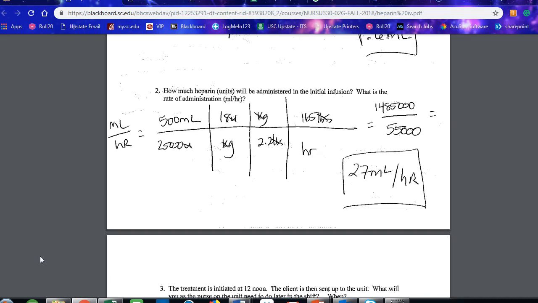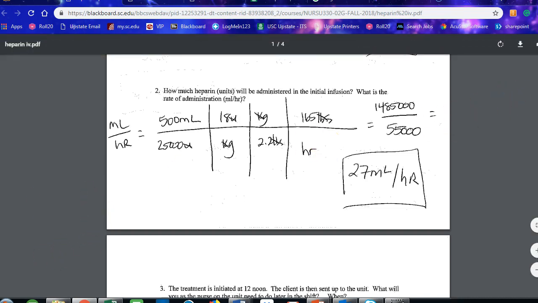We have 500 mLs, and 25,000 units are in that, so we put mLs over units. 500 mLs divided by 25,000 units times 18 units divided by kilograms, times kilogram divided by 2.2 pounds times 165 pounds divided by hour. Then we cross everything out, so our pounds, kgs, and units cross out, and we get 1,485,000 divided by 55,000, which will equal 27 mLs per hour. So that is going to be the administration rate.